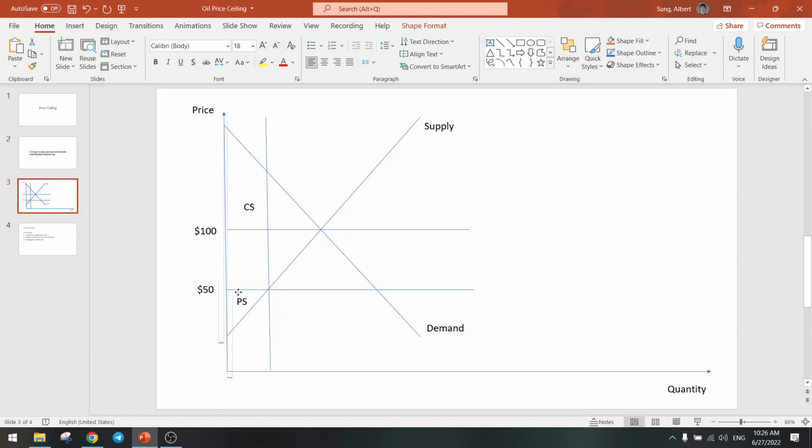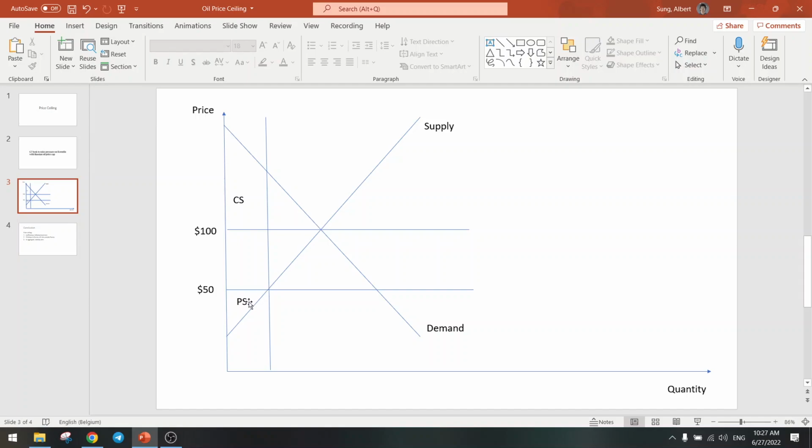Okay, so what is the consumer surplus and producer surplus? Consumer surplus is the value that the consumer gets, and producer surplus is the value that the producer gets. In the beginning, at this point, we had a consumer surplus of this area, this triangle. This was the value that the consumer gets.